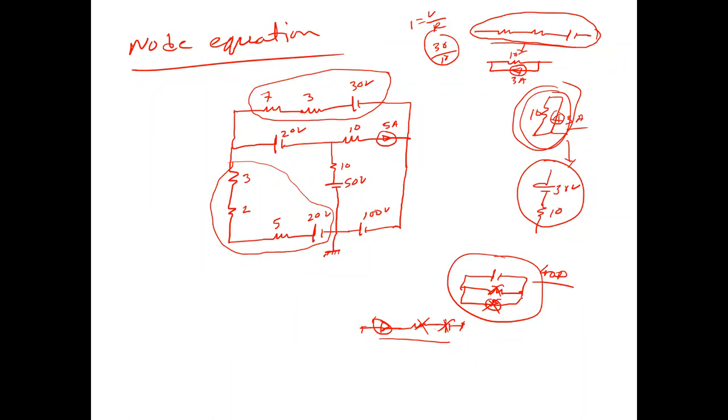So this is our loop equation and this is our node equation: all resistances or loads in series with a current are omitted. In this portion, this is the resistance and this is the current, so this resistance is omitted. Okay, clear?